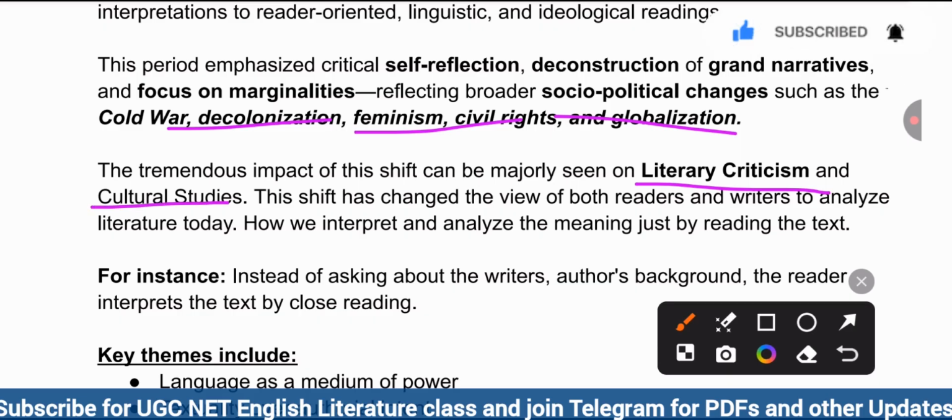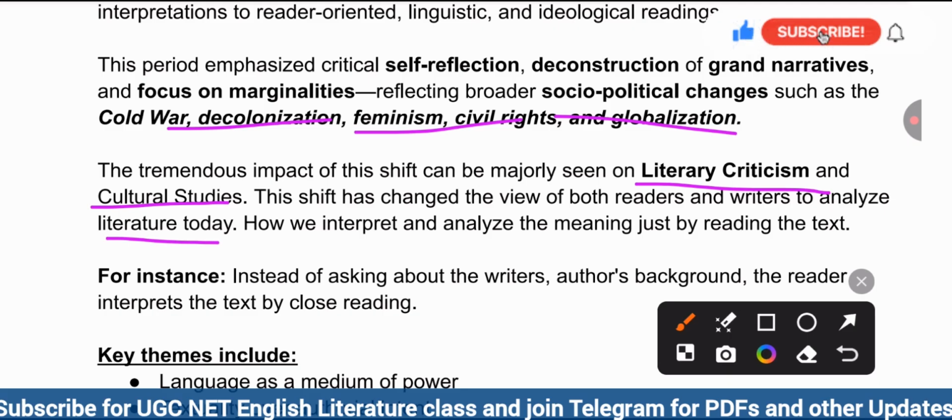So this shift has changed the view of both readers and writers in analyzing literature today. From which perspective does a critic analyze the text? This is how it started. Also, this shift, specifically post-World War II, has changed the view of both readers and writers, that is, how they are now going to analyze all the works written around the globe.